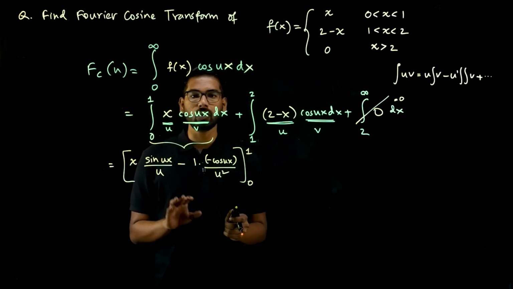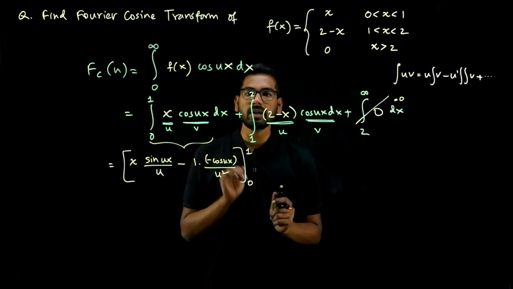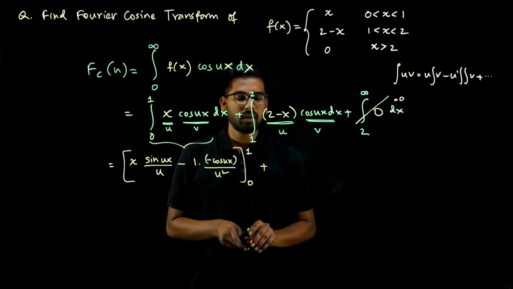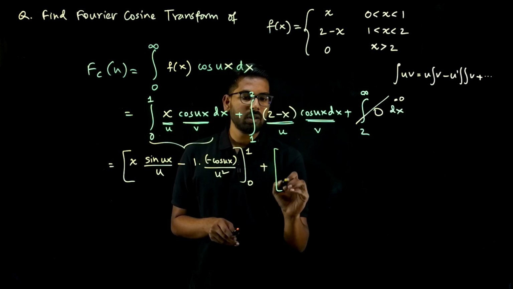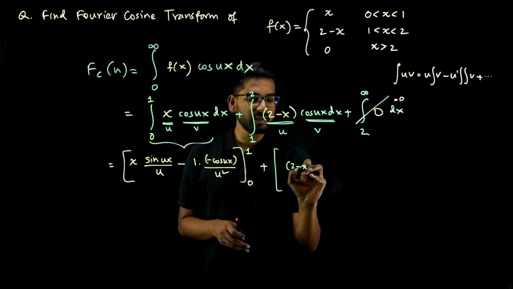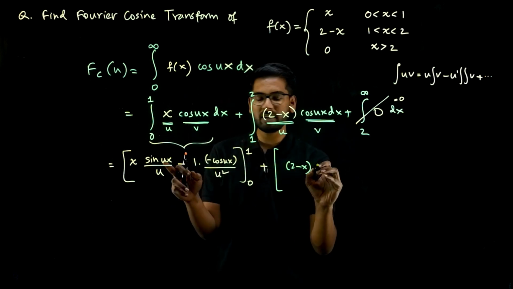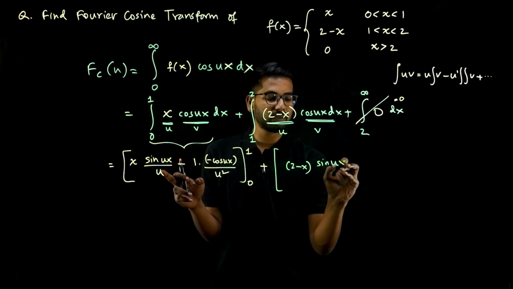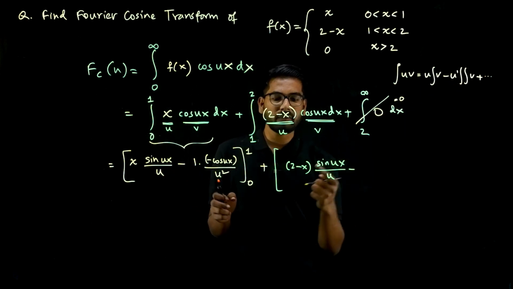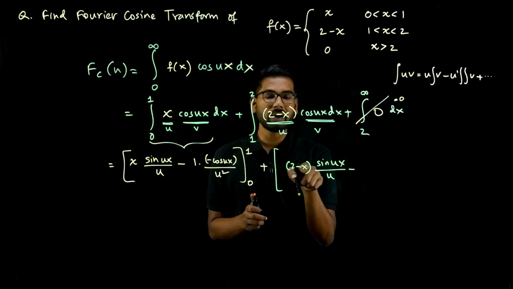You need to be able to integrate and evaluate limits of integration. Similarly here, plus u times the integration of v. So u is 2 minus x, and the integration of cos ux is the same as here, sin ux by u, minus u dash, the differentiation of 2 minus x with respect to x.